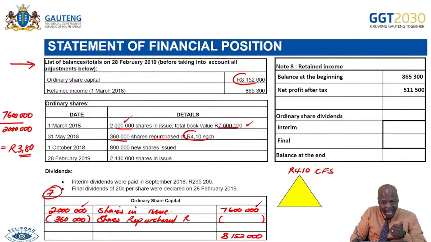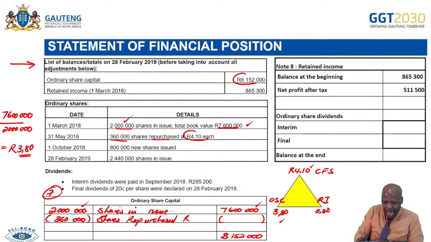So the 4.10 goes to the cash flow. And then the average price was how much? 3.80. That is what goes to the ordinary share capital note. But if we say 4.10 minus 3.80, how much is that difference? You get your 30 cents. That is what goes to the retained income.